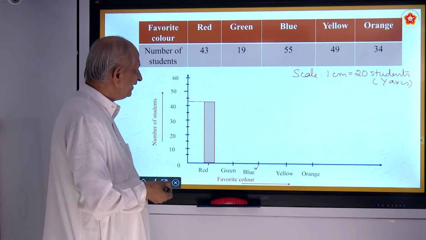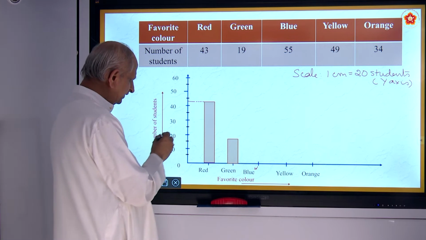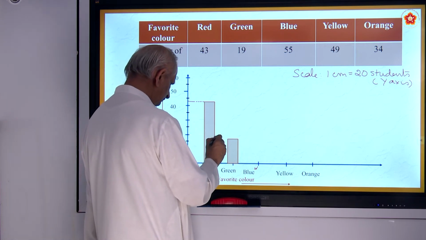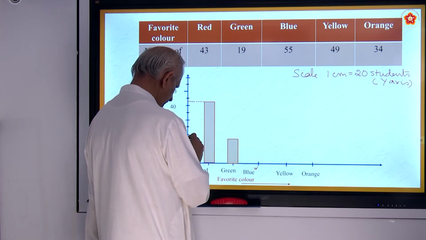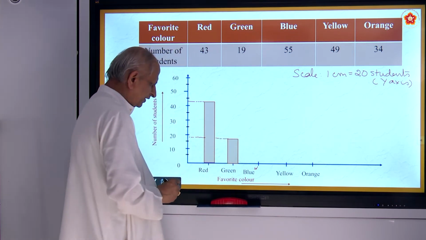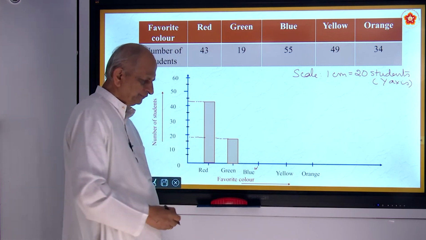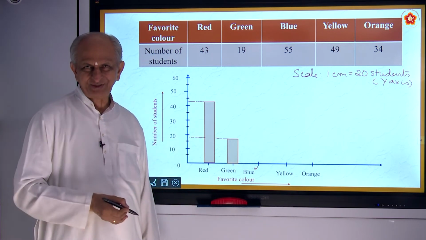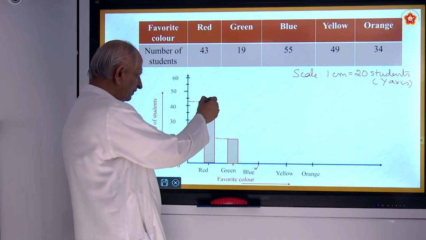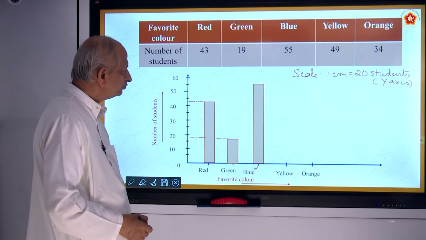Then 19 students told green. 19 is below 20. Correct? So, this is red color. You can give color also, that is also possible. This should be given red color, this is green color. How many blue?